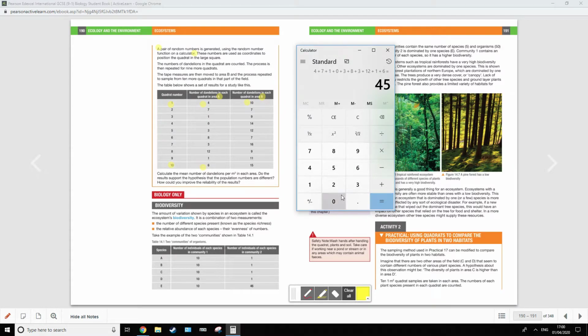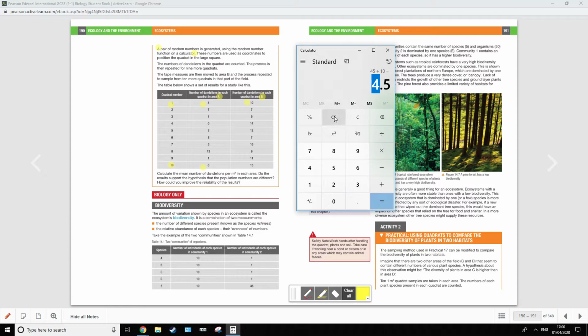What do we have? 45. If you divide it by 10, average number of dandelions per quadrat is 4.5. We don't actually use 4.5 in studies like this, because you cannot have a half a plant, or a half a human or an animal. So we just say 4 dandelions per square. So average number of dandelions per meter square, which is the size of our quadrat, is about 4.